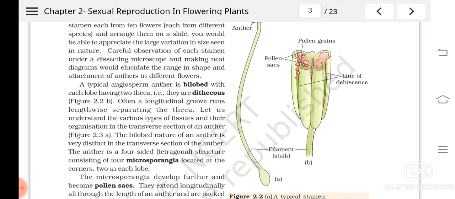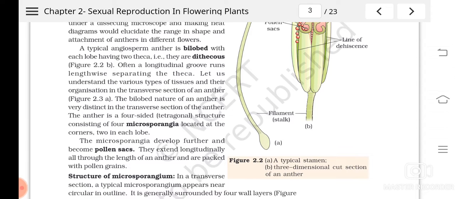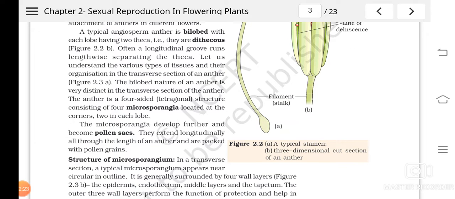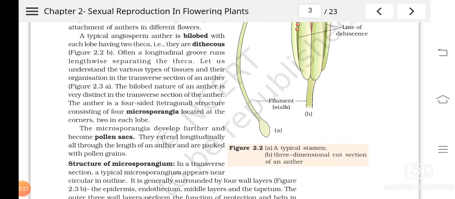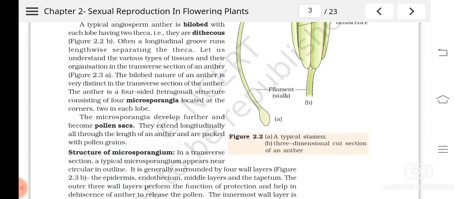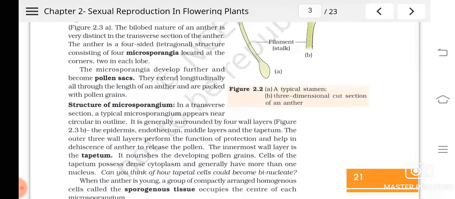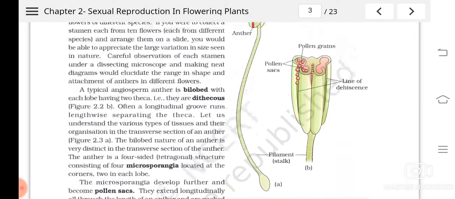So the anther is 4-sided or tetragonal, and they will have 4 microsporangia in each corner, 4 corners, okay, that is 2 in each lobe. These microsporangia develop into pollen sacs, in which pollen grains are developing. So when you see the structure, microsporangia are found on where? On the corners of what?